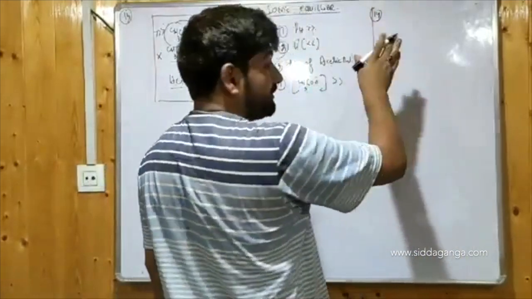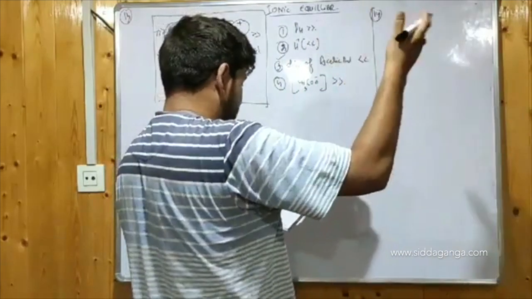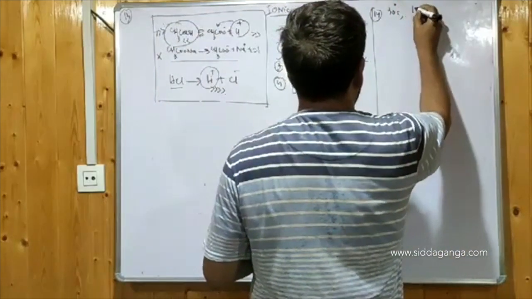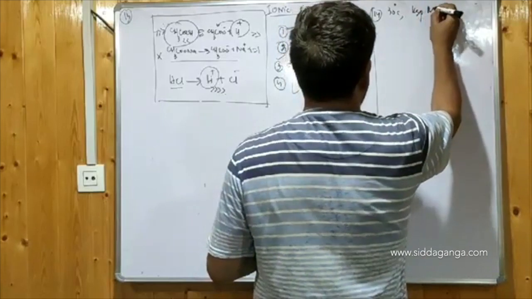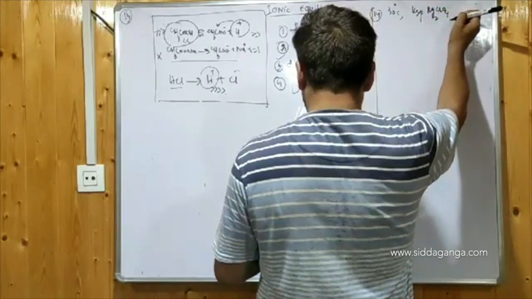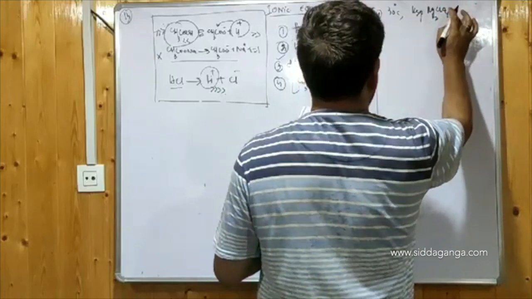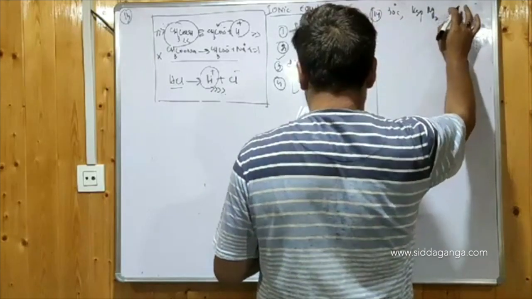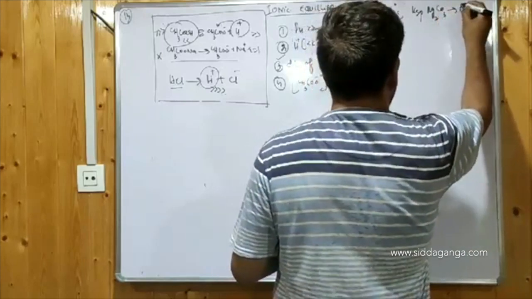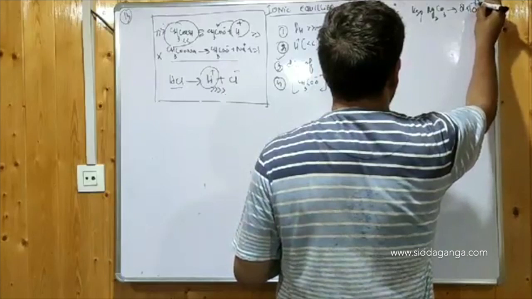Please check the tables properly, what the question number may be. Question numbers are here and here. So at 30 degrees centigrade, temperature is not changing. KSP for Ag2CO3 is given. How much? 8 into 10 to the power minus 12.